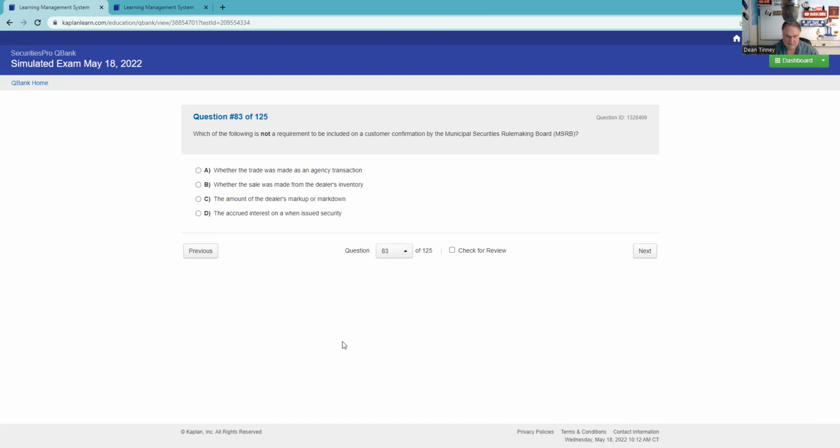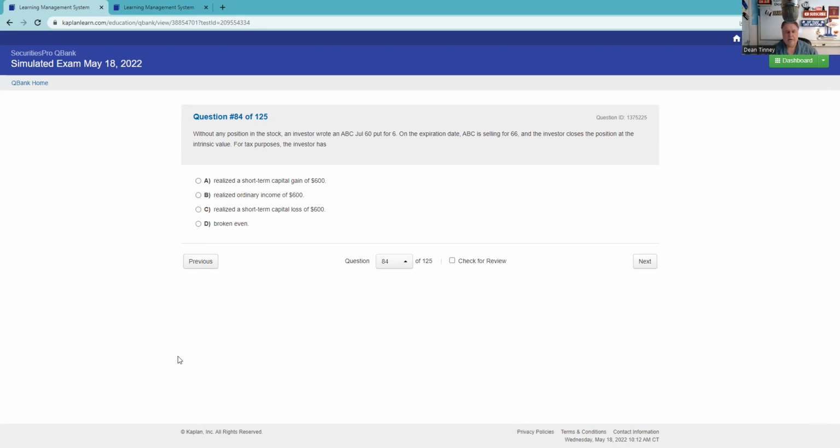So that definitely is disclosed. The amount of the dealer's markup or markdown, the accrued interest, certainly, right? The accrued interest is calculated from the last interest payment date up to, but not including, settlement, and is paid by the buyer to the seller. So it looks like my best answer here is C, because I'm certainly going to disclose capacity, either in our broker agency capacity or dealer principal capacity, and I'm certainly going to have the accrued interest there.